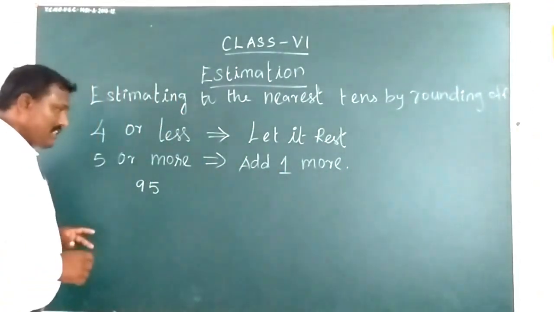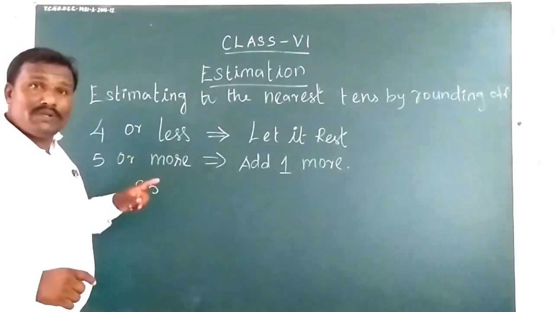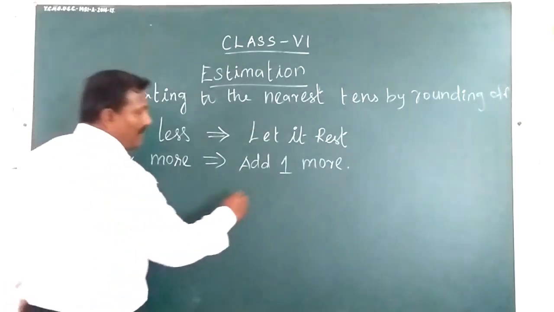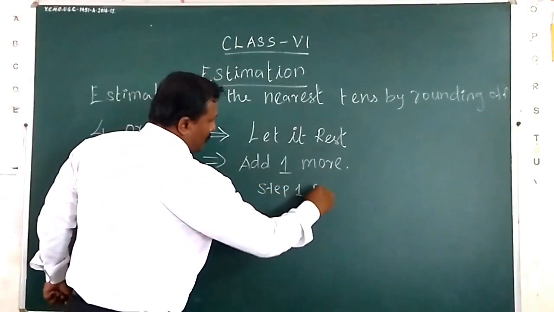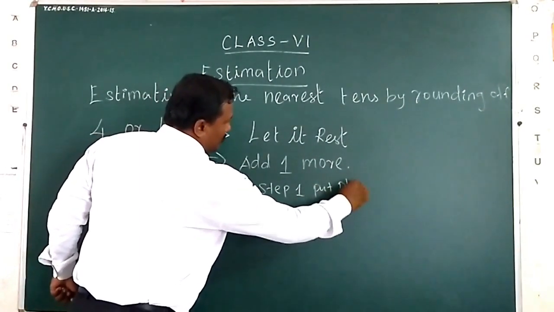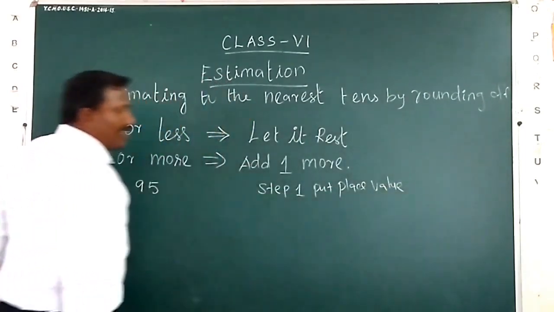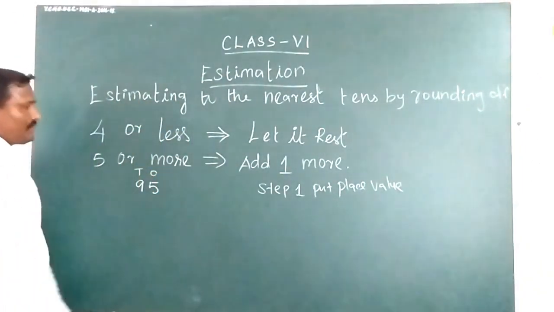The question is: round off to the nearest 10. Step 1, put the place value, because we already know the place values: ones, tens.